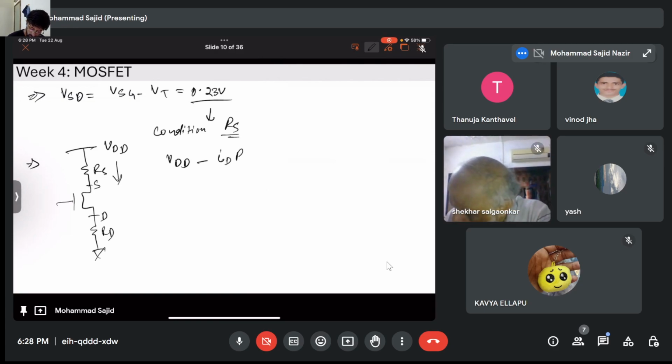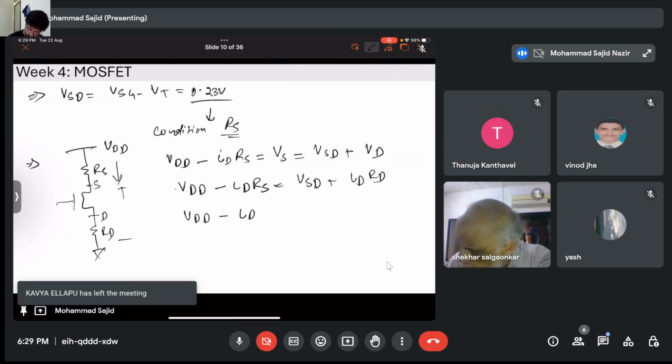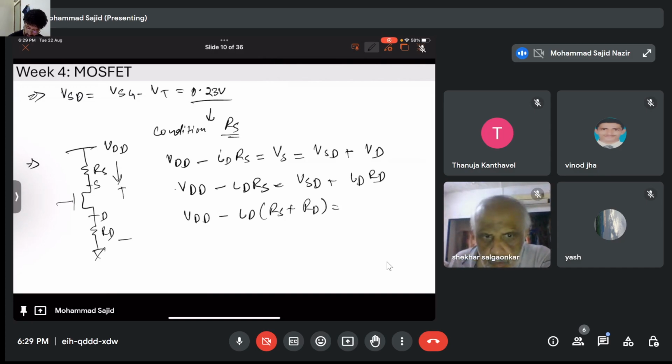ID RS is equivalent to this potential VS, and VS is equivalent to VSD plus VD, right? Now VDD minus ID RS is equivalent to VSD plus VD. VD is simply ID RD. Okay, so that means VDD equals ID times (RS plus RD) plus VSD.